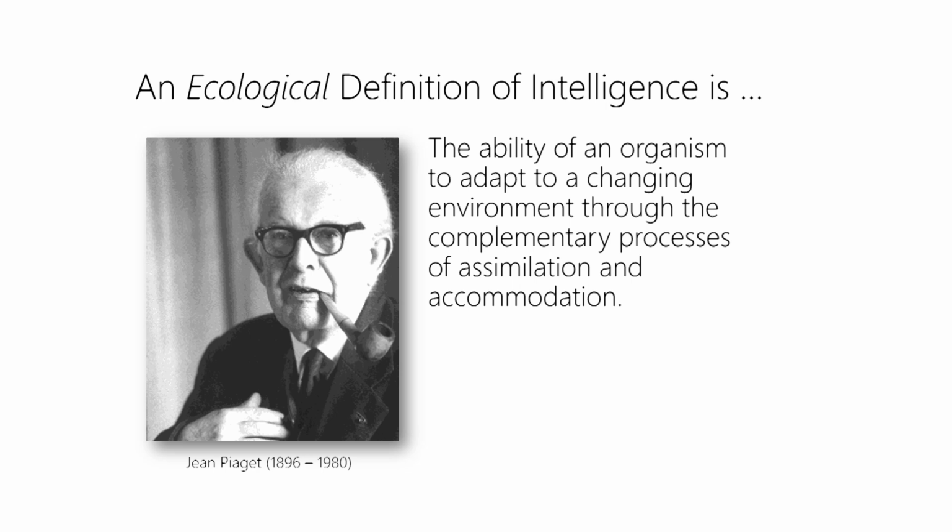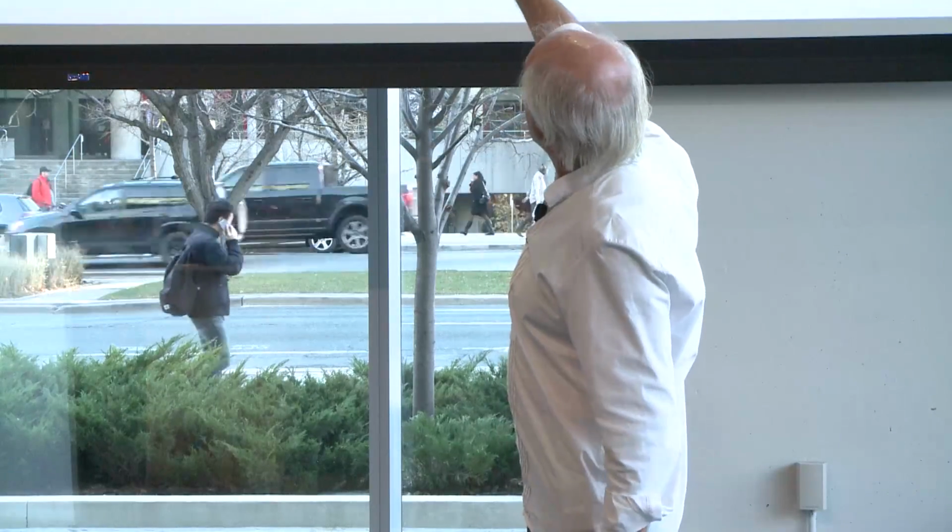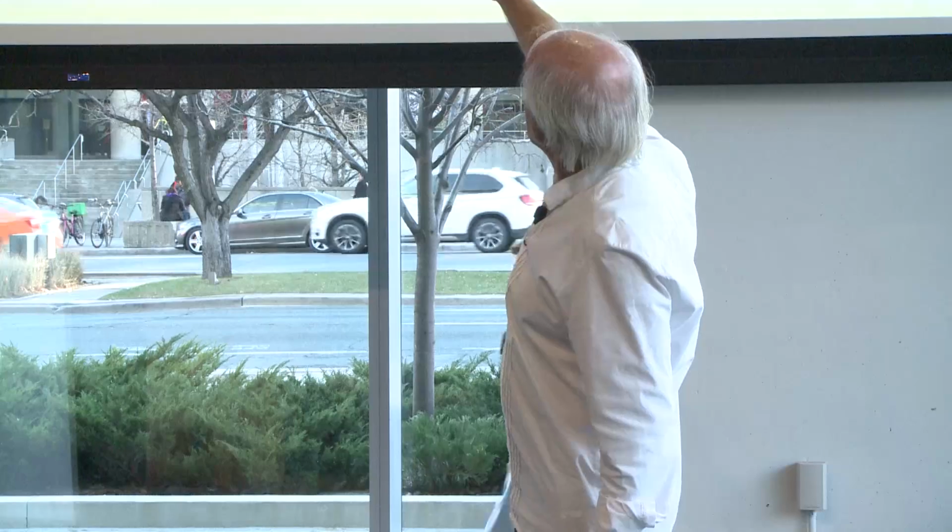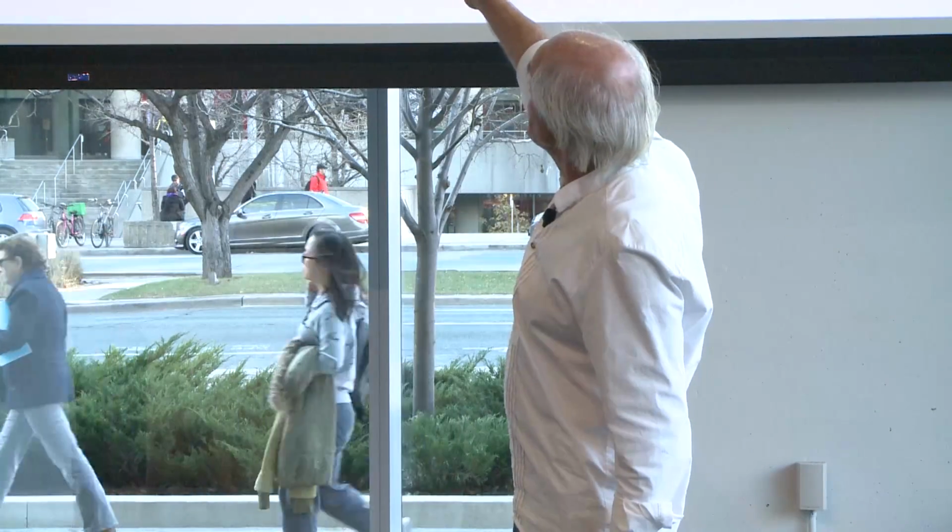And Piaget. I just want to say, because I'm talking about this ecosystem in society, the social ecosystem of devices and people, that his definition of intelligence is very different from what most people in deep learning use. It's the ability of an organism to adapt to a changing environment through the complementary processes of assimilation and accommodation.